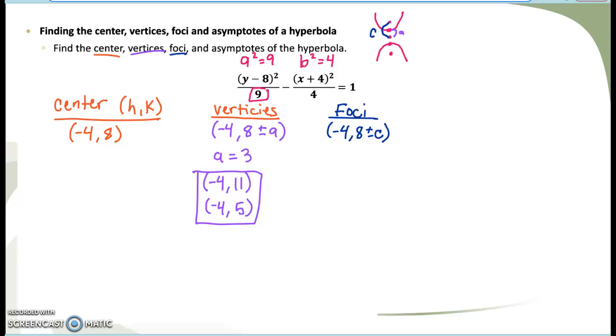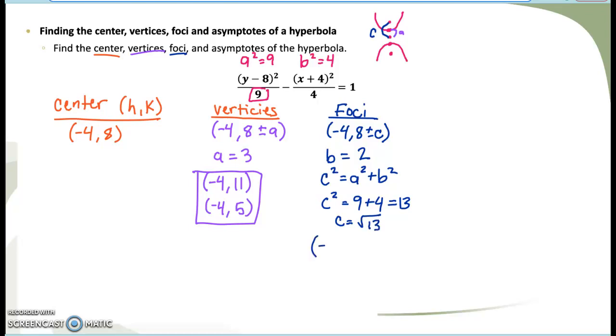Now how do I find c? For c I need to know a and b. I know a is 3 and I know b is 2. For hyperbolas, c squared equals a squared plus b squared. So c squared is going to equal 9 plus 4, or 13, which means c equals the square root of 13.